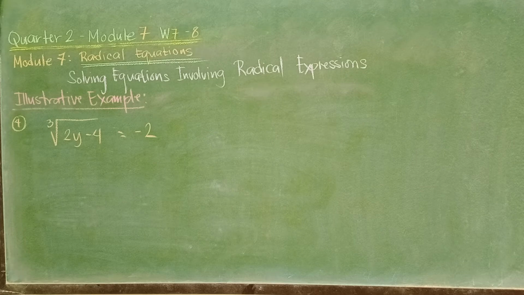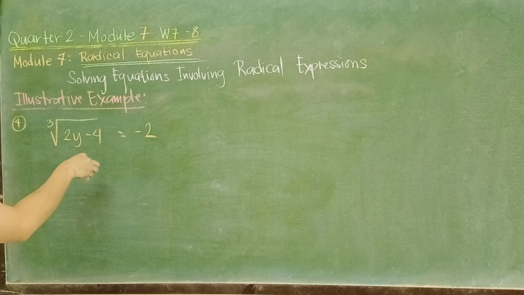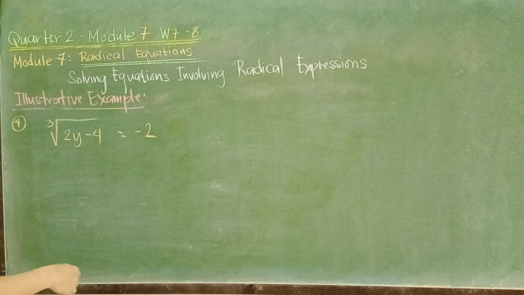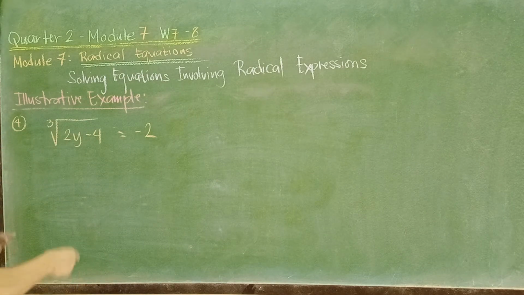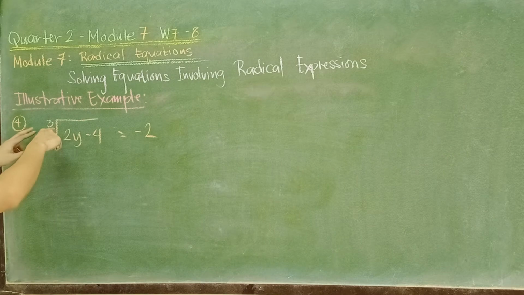First step is i-transpose muna natin sa kabilang side yung mga terms na wala sa loob ng radical sign. So, in this case, yung 2y minus 4, nasa loob sila ng radical sign. So, hindi na natin sila kailangan transpose. Second step is, kailangan ma-cancel natin yung radical sign. So, yung radical sign natin, yung index niya 3.